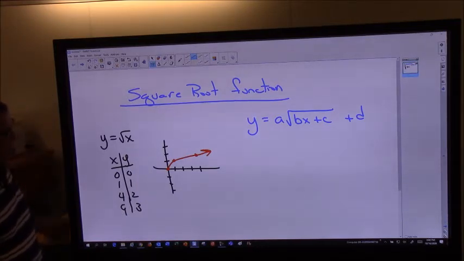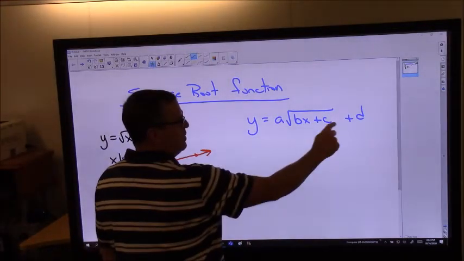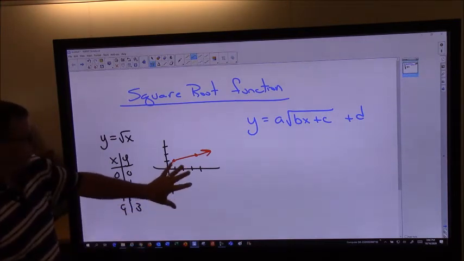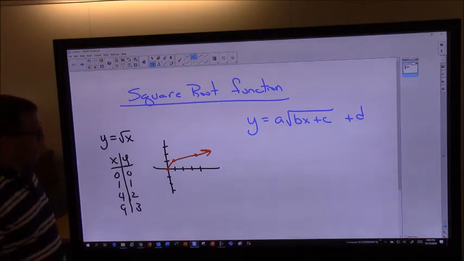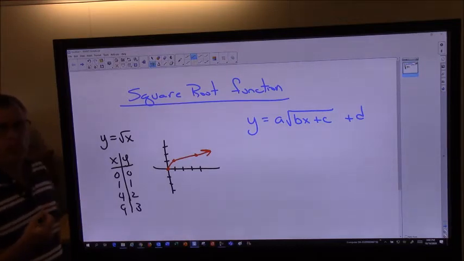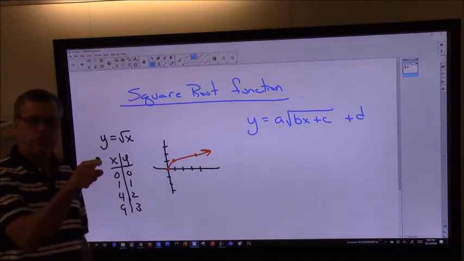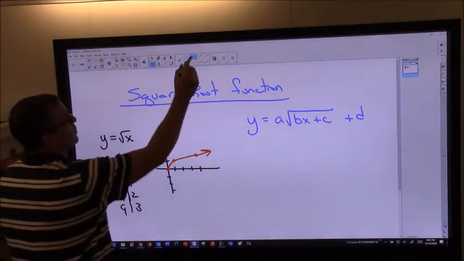And so now our goal is to figure out, okay, if I start putting in different numbers for A, B, C, and D, what happens to what this graph looks like? How does it affect the graph? All right? Now I want us to start by talking about what's normal. Just like we do with the parabola. However far you move over, you go up that distance squared. Well, what's normal for a square root function?